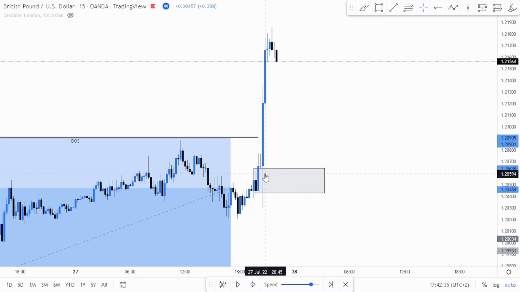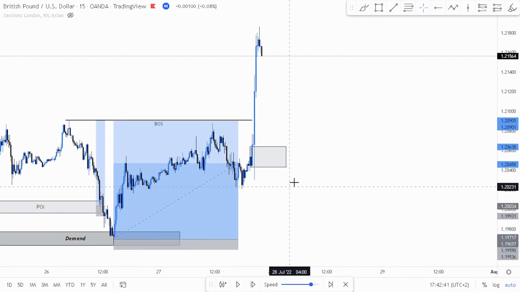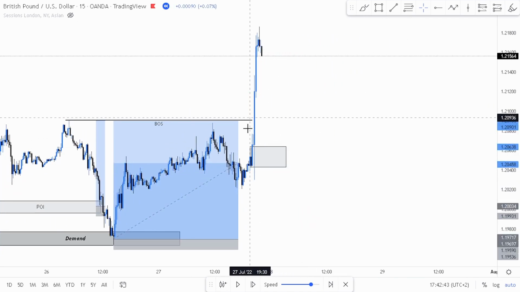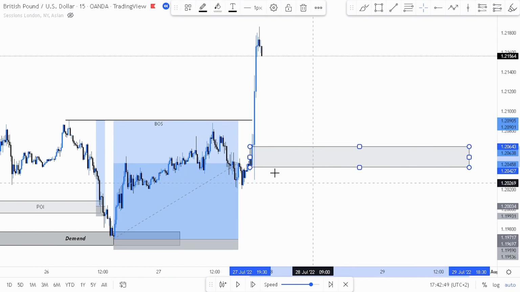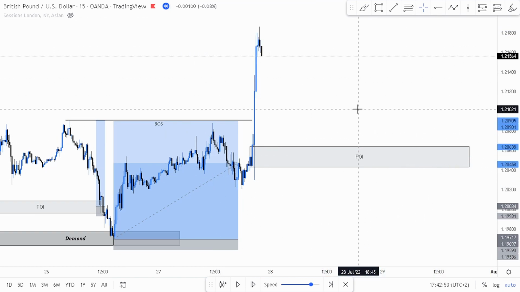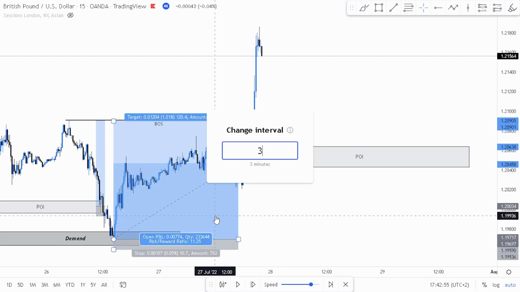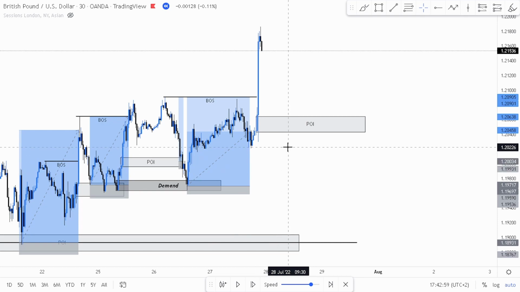Price did wipe out all the entries which are here. So now this is a level of demand which is less likely to hold, but since there are no other bearish candlesticks, we'll just mark it out just in case price does pull back to that level. But already we know that chances of price coming back to these levels is very slim.